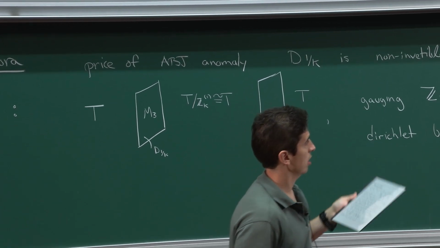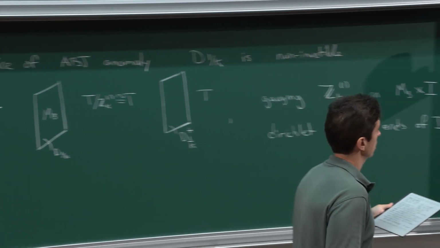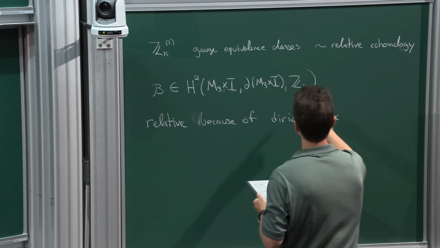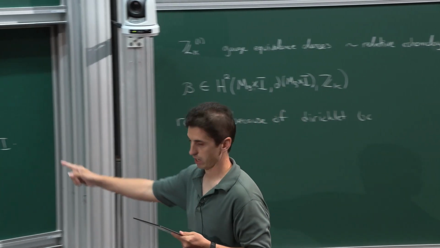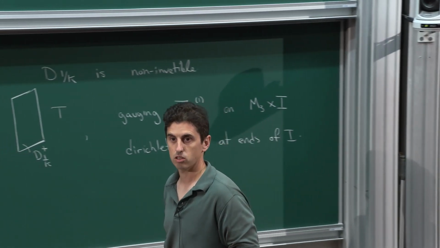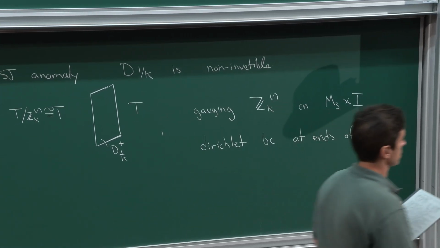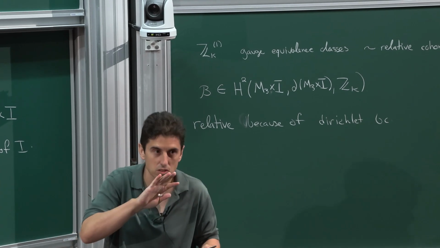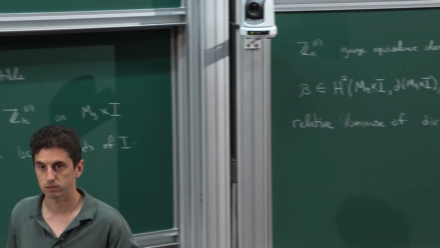And the way to take that into account mathematically is to demand that it's a relative cohomology class. Z_K, of course, because that's the group that we're gauging. So if we had a manifold without boundary, we wouldn't have this relative part. But here we have boundary conditions, so it's just slightly more sophisticated.